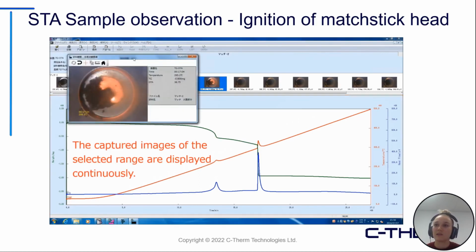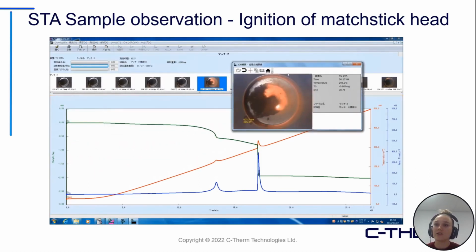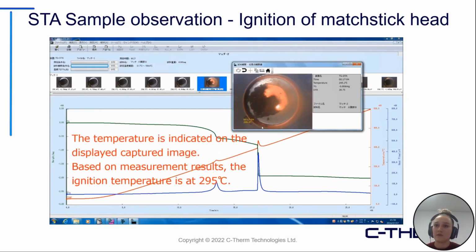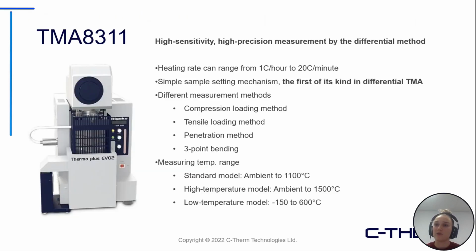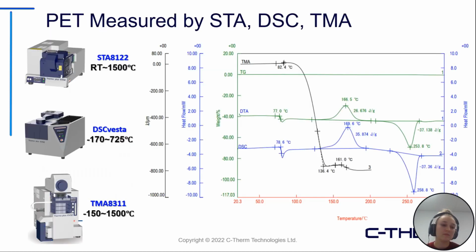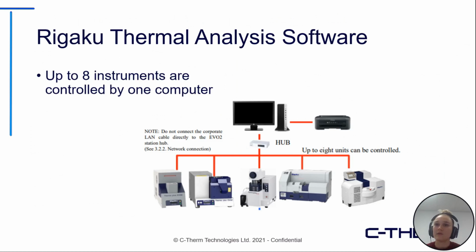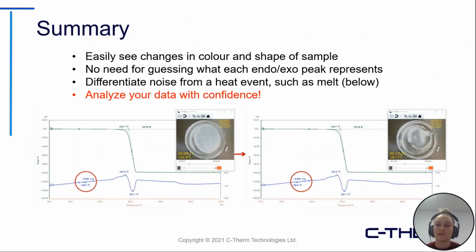So here we're just going to select the range that we want to analyze. We're just going to pick right around that firing temperature. And we can now pick the exact image where the sample was ignited.